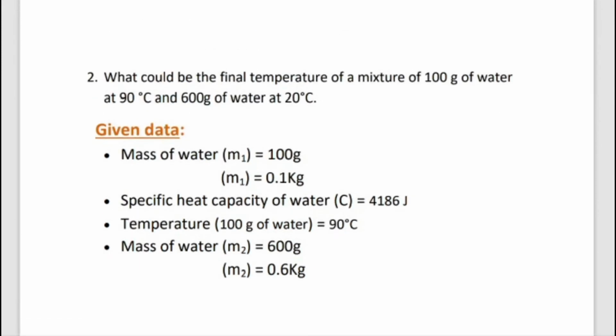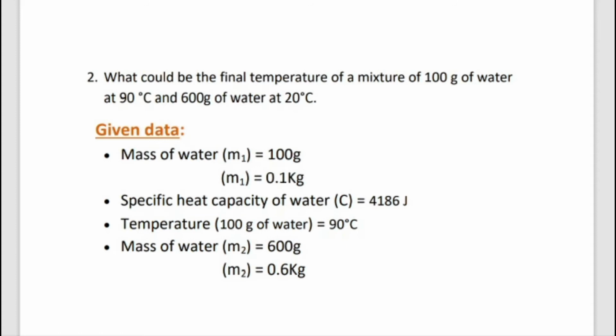Mass of the water M1 is equal to 100 gram. We know 1000 gram is equal to 1 kilogram, so 100 gram is 100 divided by 1000 kilograms. 100 by 1000 gives us 0.1 kilogram.